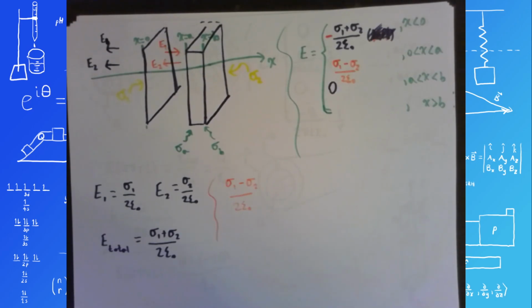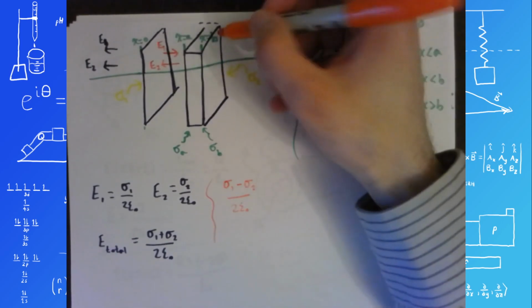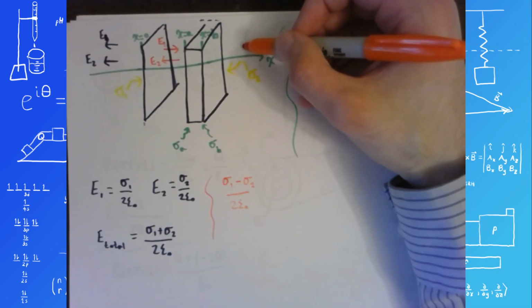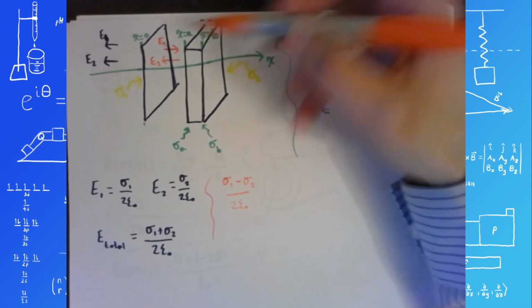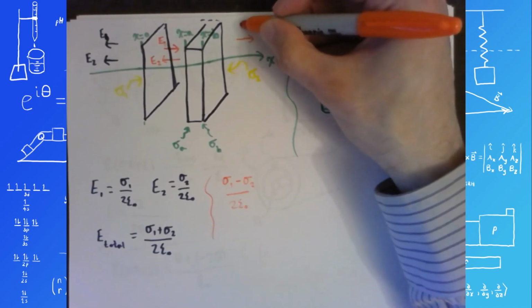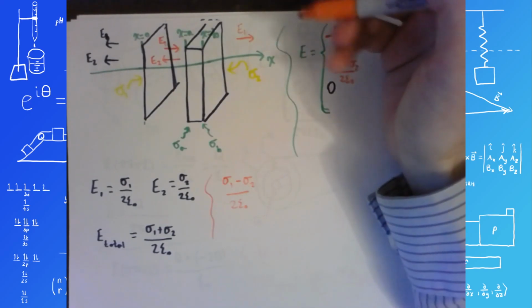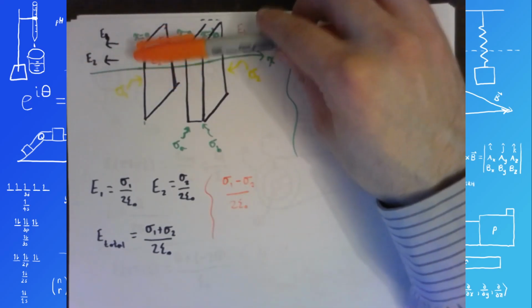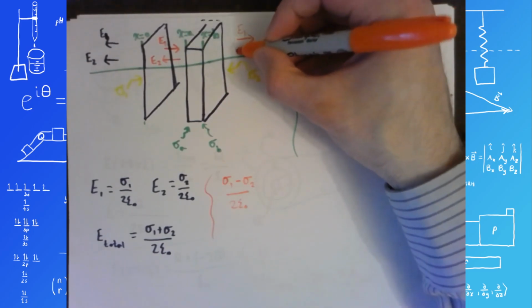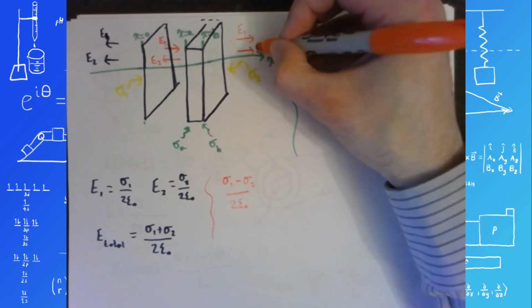And then finally, we already did our second region of interest. That's going to be 0 just because of the nature of conductors. That leaves us with our third region of interest over here. From the sheet, we're going to get an electric field of E1 pointing to the right, since we're to the right of the sheet. And since we are to the right of the slab, we're also going to get an electric field E2 pointing to the right as well.